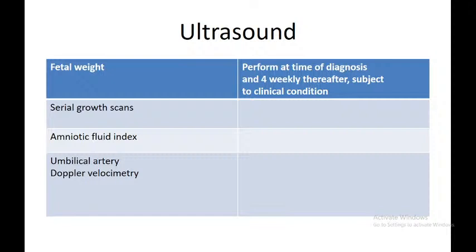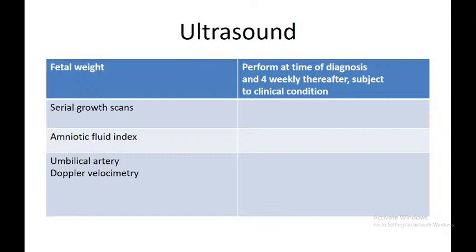And because of the defective utero-placental perfusion, one of the complications that we see is oligohydramnios. So we need to look at the amniotic fluid index in these cases. And because of the utero-placental changes, we need to consider doing a Doppler velocimetry to know whether there are any changes in the waveforms.